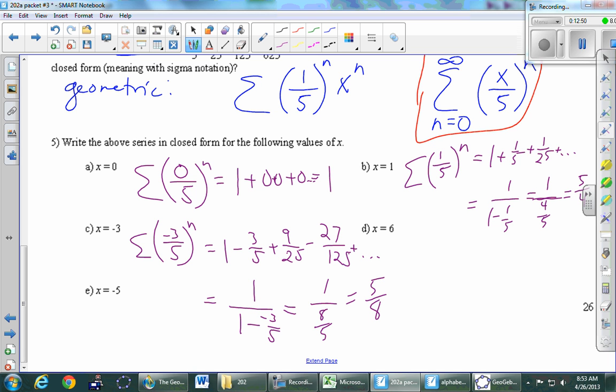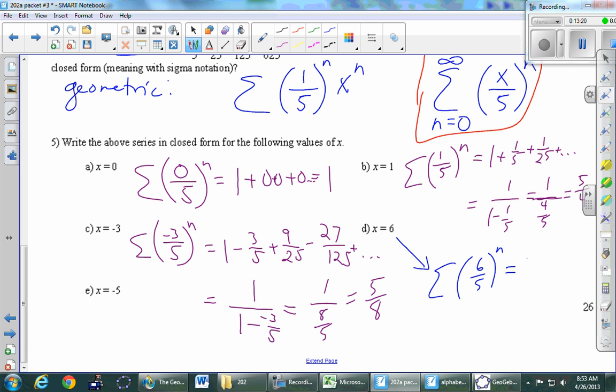And let's do one last one. We're going to skip E, but let's just do D. So here, going back to the red, summation of, I'm doing D. So 6 over 5 to the n. Right? Replace that x with 6. Now go back to the one where it's written out, x squared, x cubed.